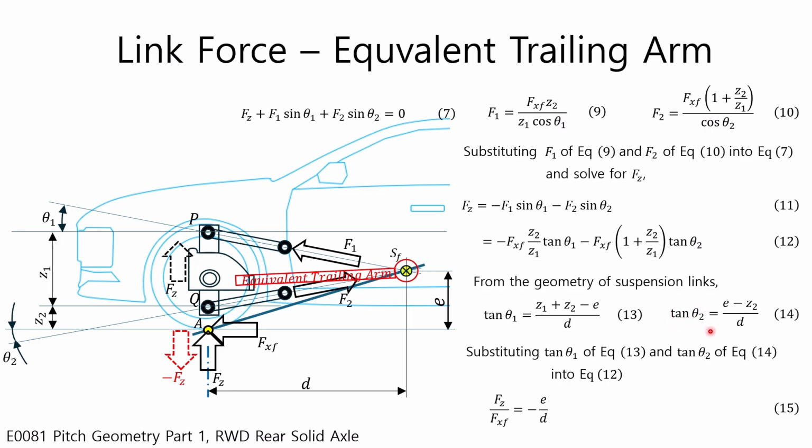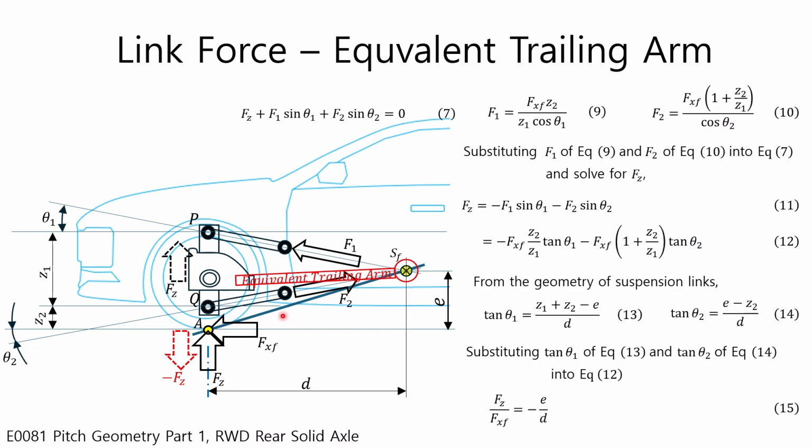By substituting equations 13 and 14 into equation 12, equation 15 can be obtained. Equation 15 indicates that the ratio of the vertical force Fz to the driving force Fxf is equal to the ratio of the vertical component E to the horizontal component D between the tire road contact center A and the virtual reaction point SF of the front suspension.